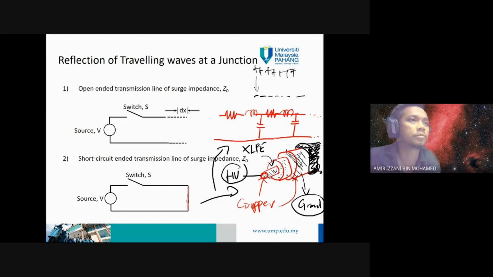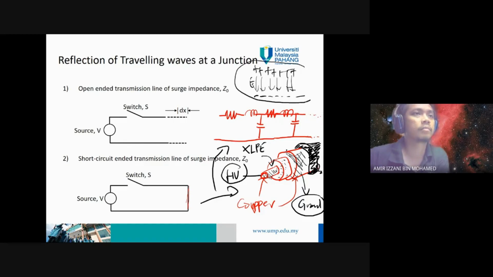Between them there will be an electric field. So with this idea, we put a capacitor here. This is HV, this is ground.